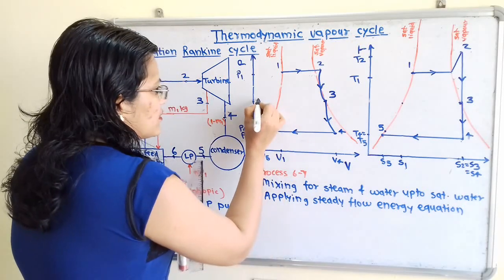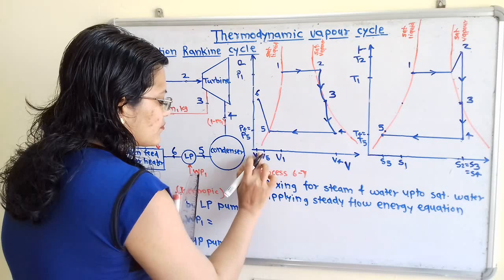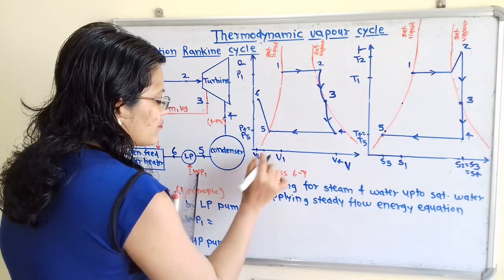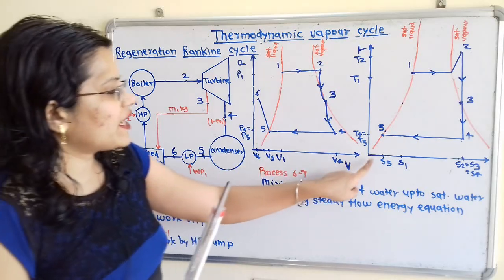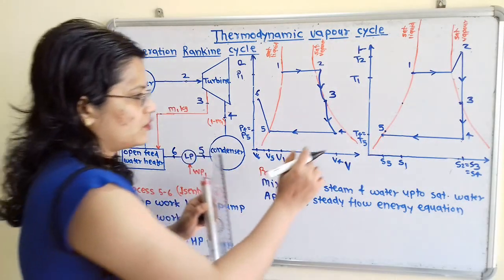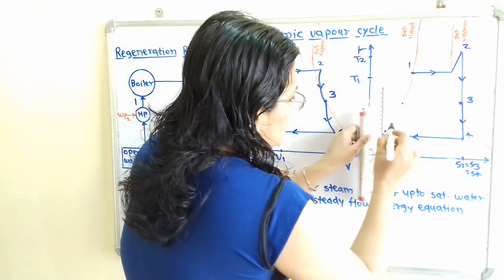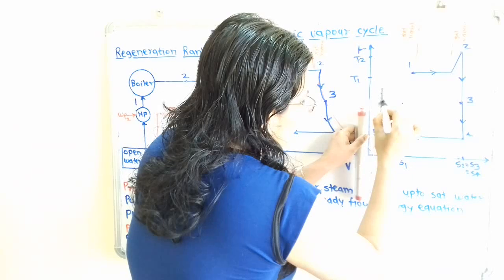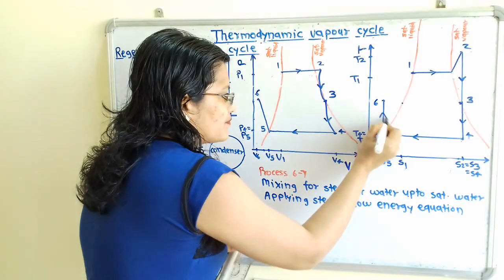So I will show here the point 6. Then in the same way we have to show entropy constant and increase in temperature. So from this point 5 we will extend this line up to this, that is here will be our point 6.